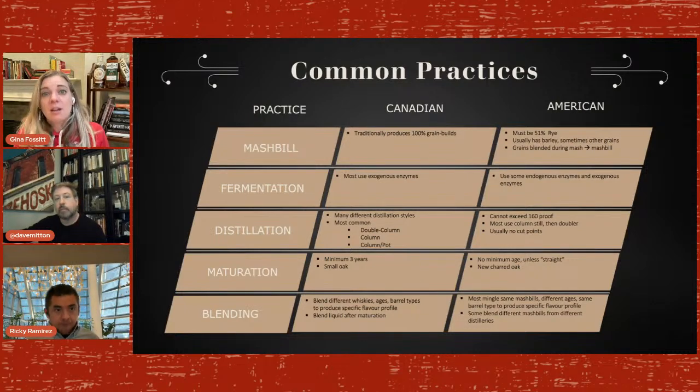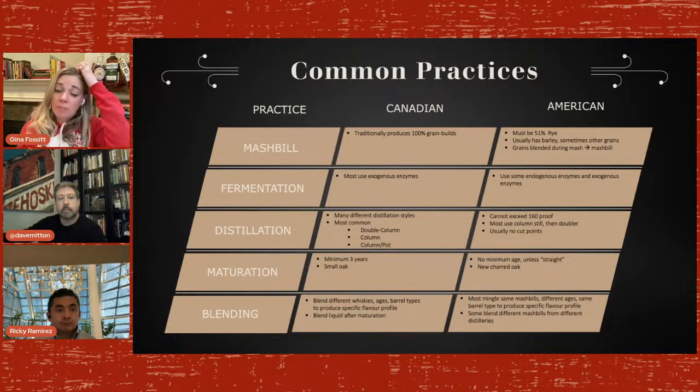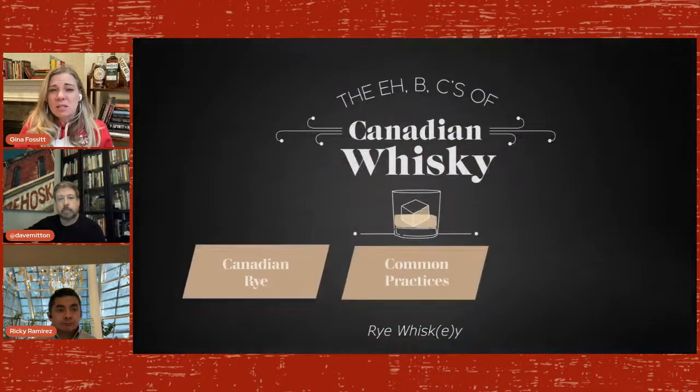They can label that a straight rye whiskey, as long as all the whiskeys, although they are completely different, that are being blended together are straight rye whiskeys. So interesting how we label things and the regulations that go along with it. We get a lot of misconceptions about that.